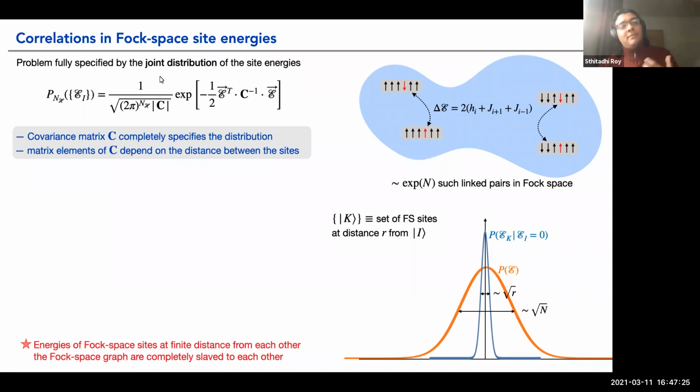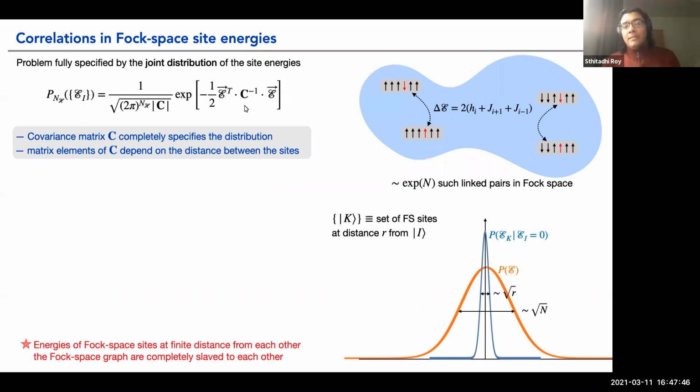And this is a major simplification because if you tell me that the distribution is a multivariate Gaussian, then I only need to know the covariance matrix C. But again, you can come back and say that, okay, you have given me the covariance matrix, but it's sort of useless because this covariance matrix is still an exponentially large matrix. So what do I do with this?